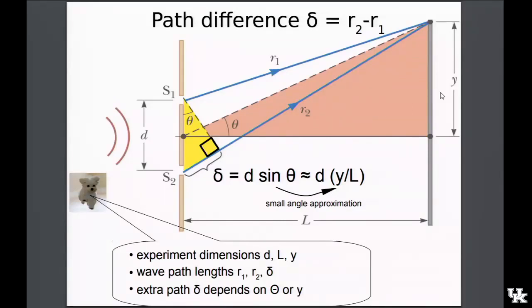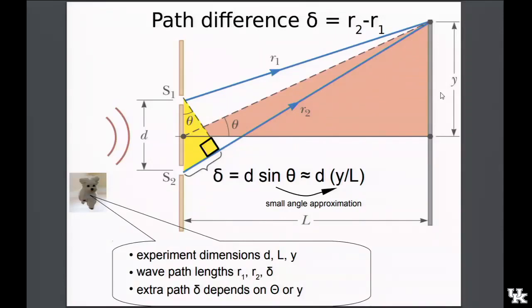But the point is that the light emerges from these two slits. If we're going upstairs here, the light coming from slit number 1 has to travel a little extra distance. And that distance we can write in terms of the slit separation and the angle towards the screen. So that's theta here. So the extra distance is the slit separation times the sine of the angle.